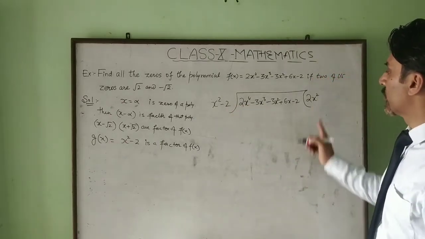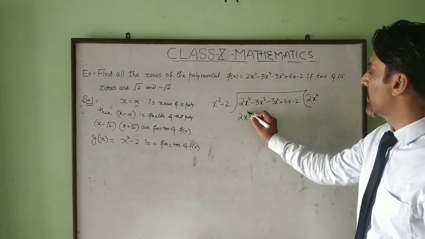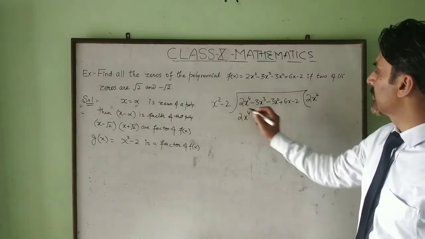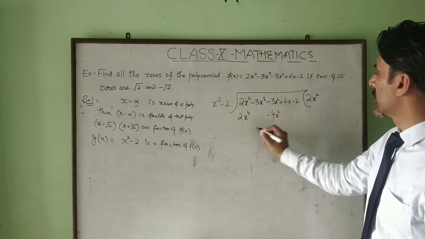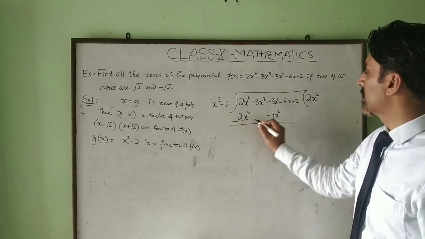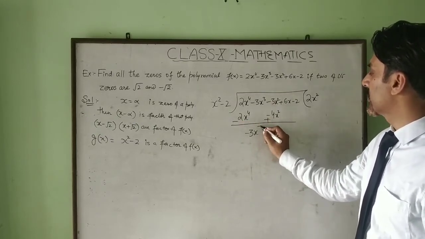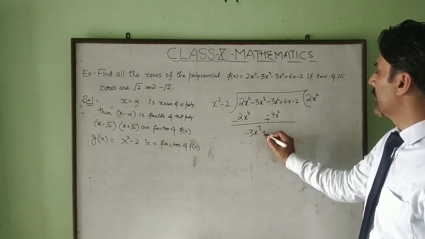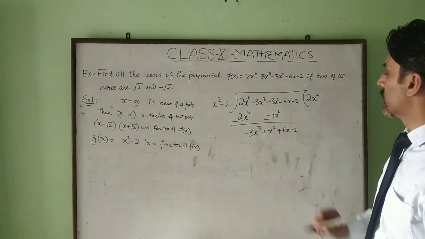We'll have 2x square first of all. It will give you 2x raised to the power 4. And this multiplied by 2, it will give you minus 4x square. Just subtract it. You will get minus 3x cube. And here you will be having x square plus 6x minus 2.